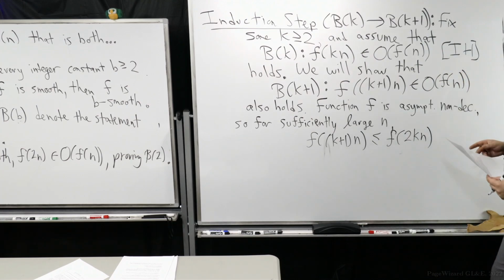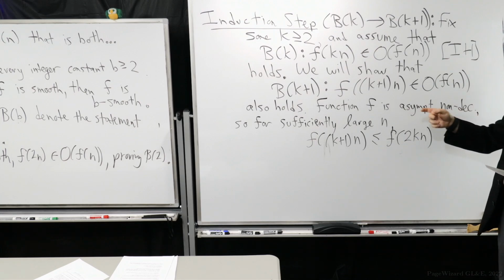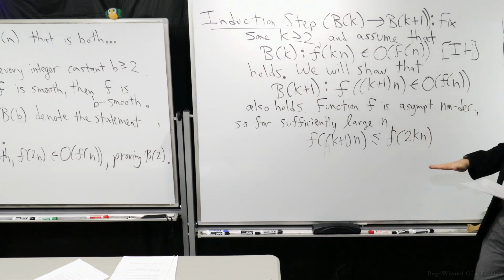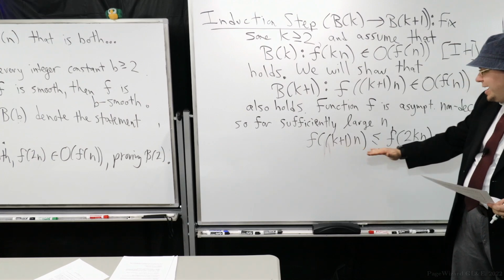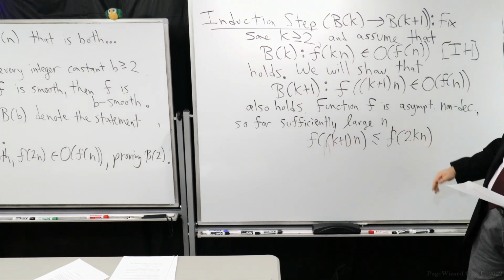So this is a claim I'm going to make, is that f is asymptotically non-decreasing. So if there's a sufficiently large value of n such that if I put in the input k plus 1 times n, it's going to be that it's less than or equal to f of 2 times k times n.